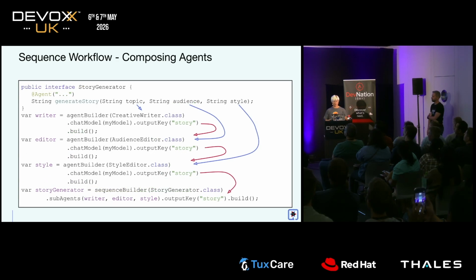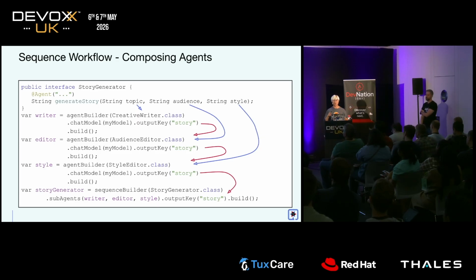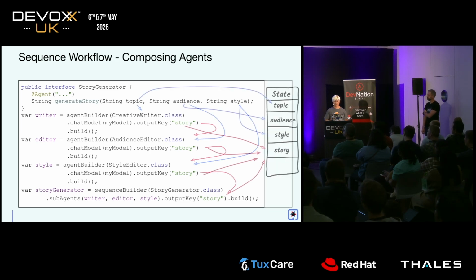And then here you can see that the parameters, the string topic, audience, and style, are put into the agent, and we can still use the same output key because each agent keeps referring to the scope and state to communicate with each other.